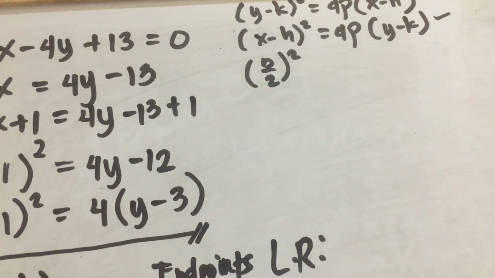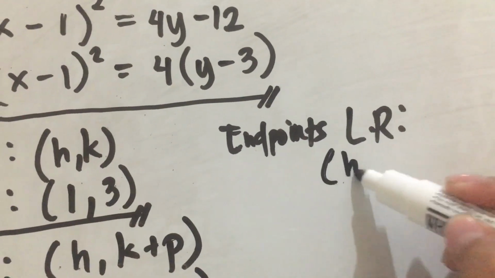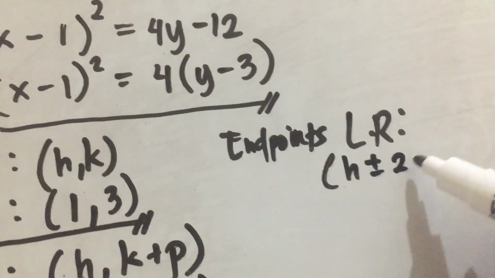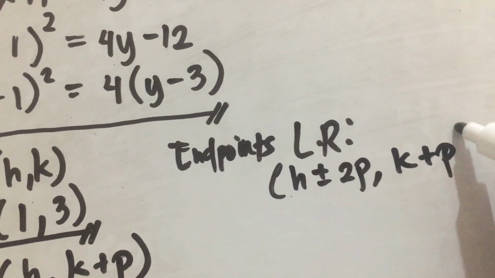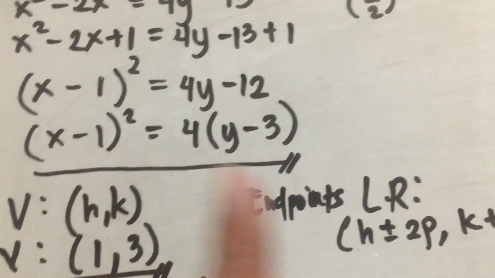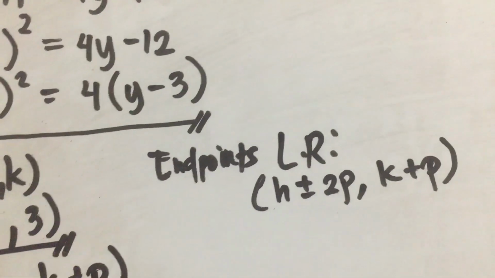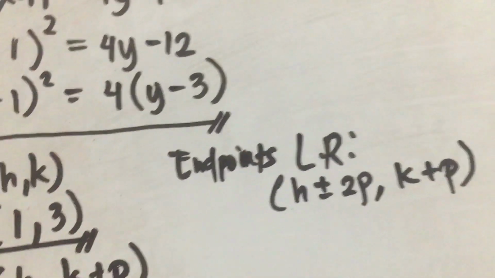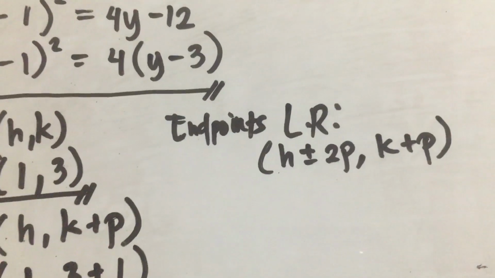The formula is (h plus or minus 2p, k plus p). So again, for this standard form, x minus h squared, the endpoints of the latus rectum are (h plus 2p, k plus p).